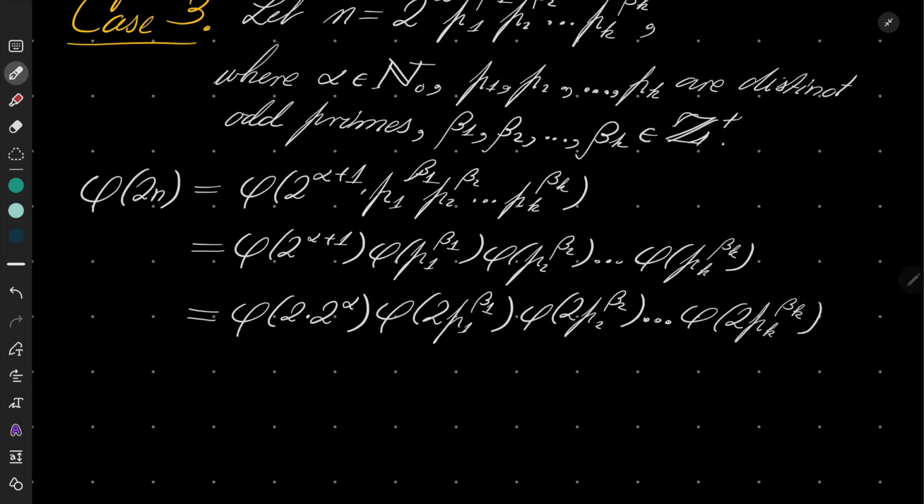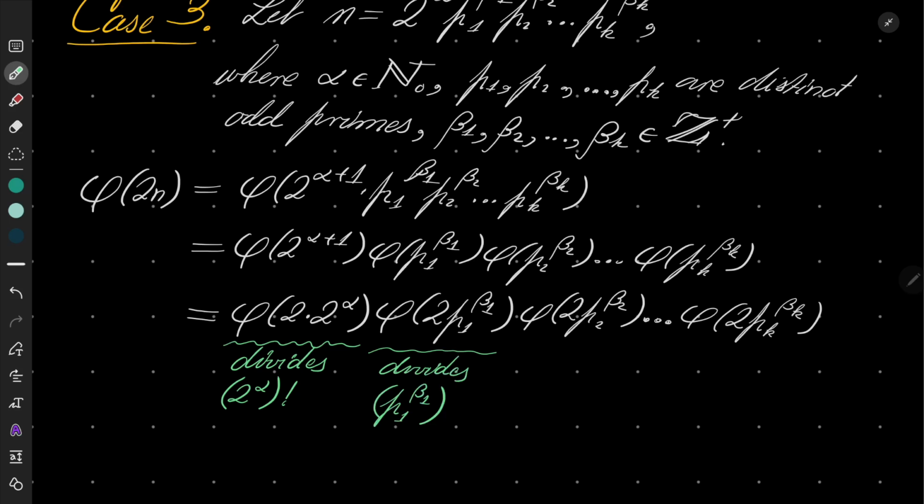Okay, and now, using the cases 1 and 2, we know the following. This number divides 2 to the power alpha factorial. This number divides p1 to the power beta 1 factorial. This number divides p2 beta 2 factorial.